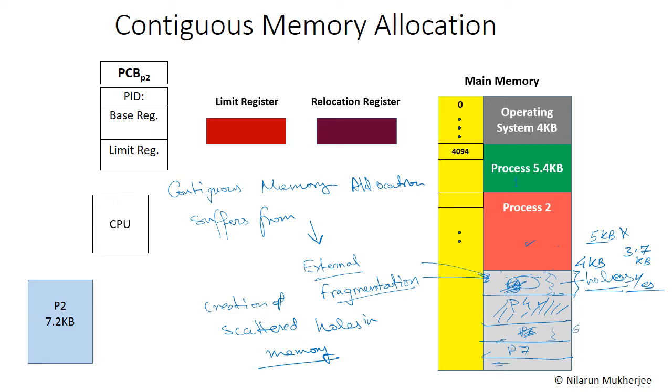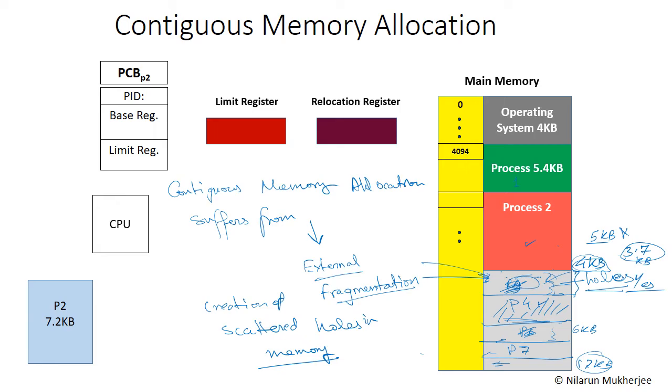Maybe this is of 6 KB. This is of 17 KB. But I have a hole here which is large enough to fit a 7.3 KB process. So I will put that process here, or I may put that process in the biggest hole, or I may put the process in the hole just enough, or I may put the process just after my last allocation.